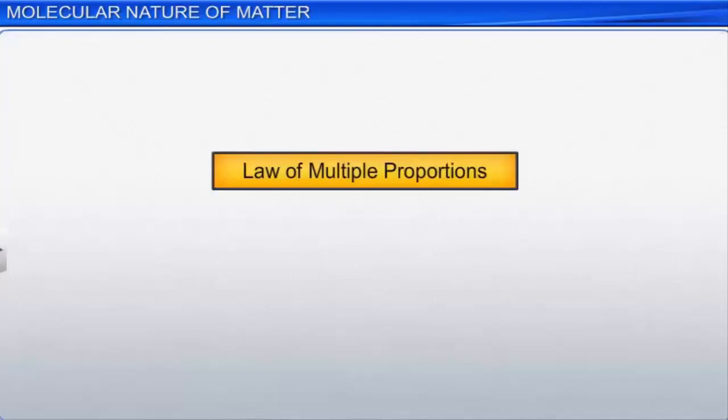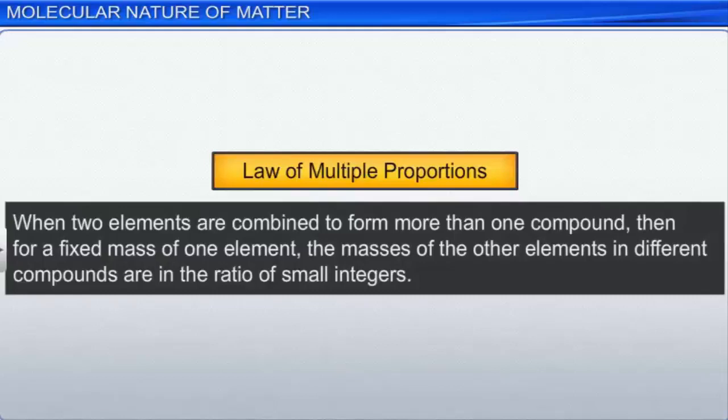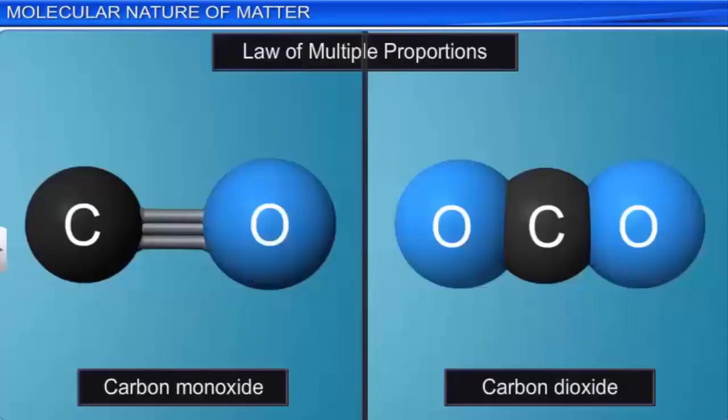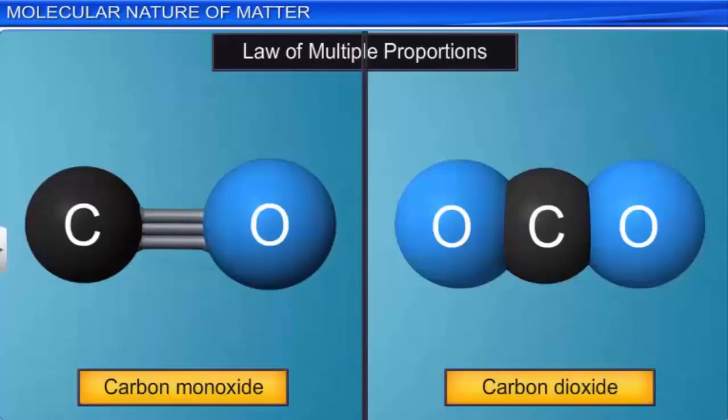The law of multiple proportions states that when two elements are combined to form more than one compound, then, for a fixed mass of one element, the masses of the other element in different compounds are in the ratio of small integers. For example, carbon and oxygen combine to form two compounds, carbon monoxide and carbon dioxide.